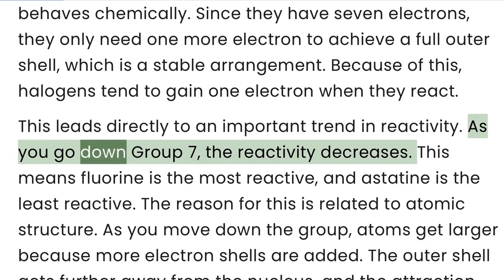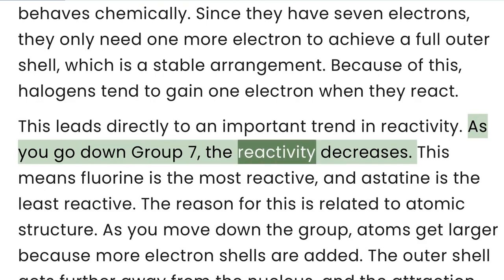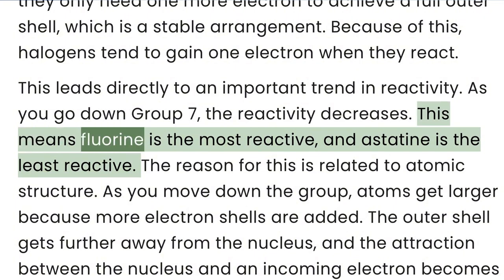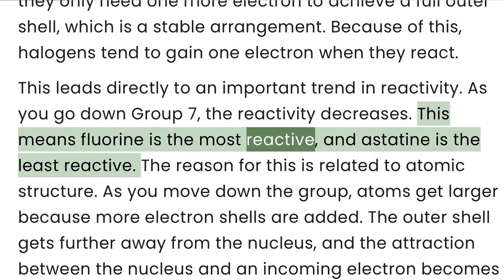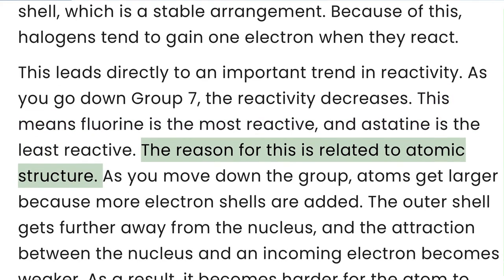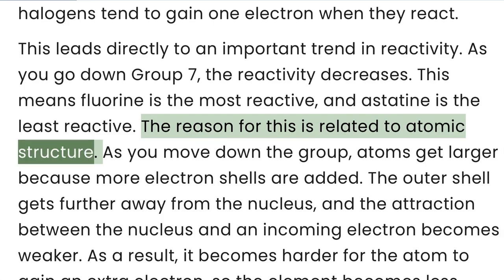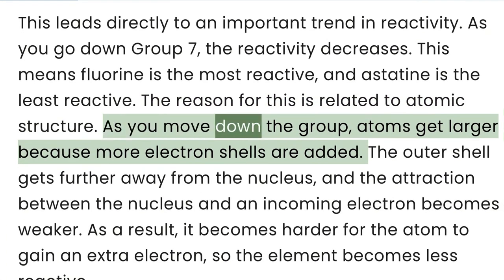As you go down Group 7, the reactivity decreases. This means fluorine is the most reactive, and astatine is the least reactive. The reason for this is related to atomic structure. As you move down the group, atoms get larger because more electron shells are added.